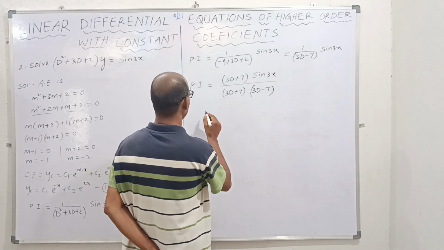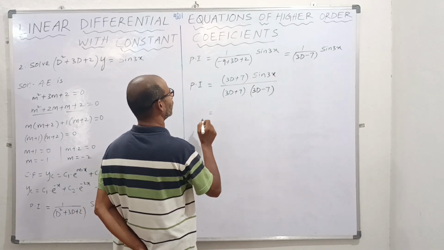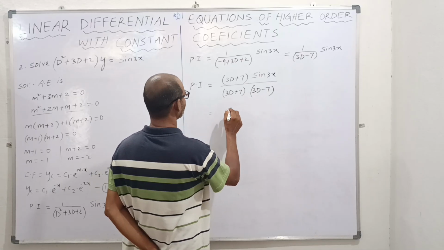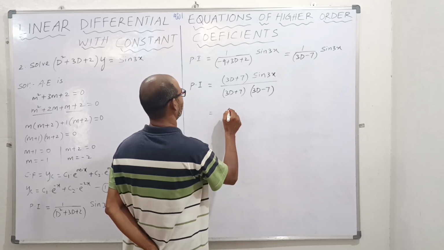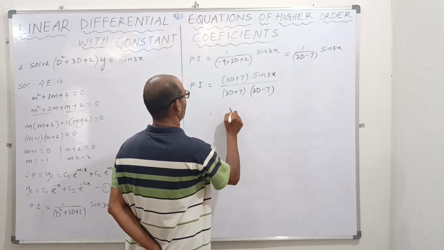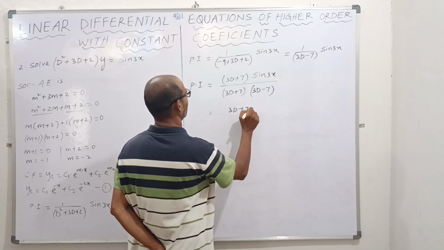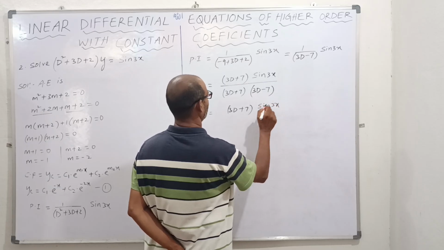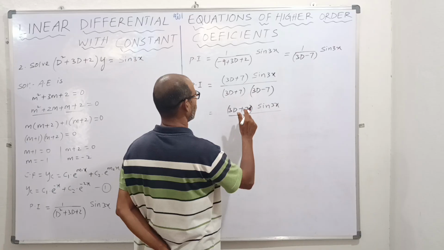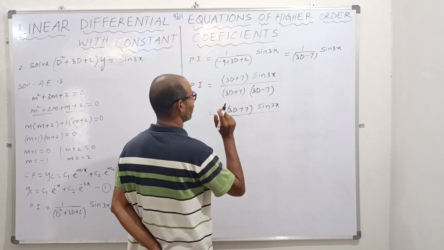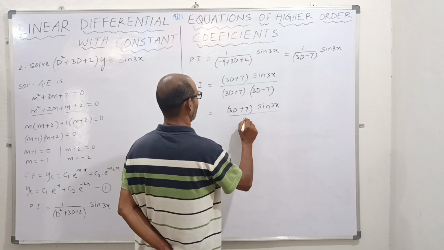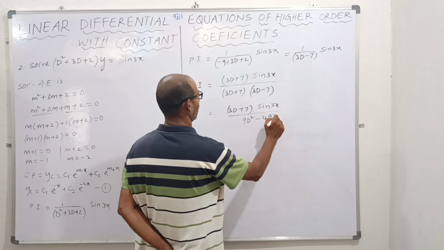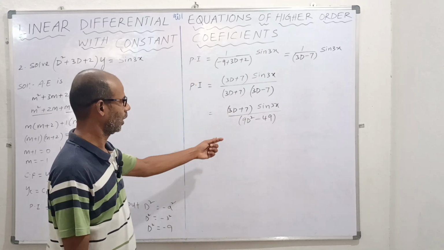This can be written as a plus b into a minus b, a square minus b square: 3D plus 7 into sine 3x upon 3D square minus 7 square. So it becomes 9D square minus 49. Now we got D square.